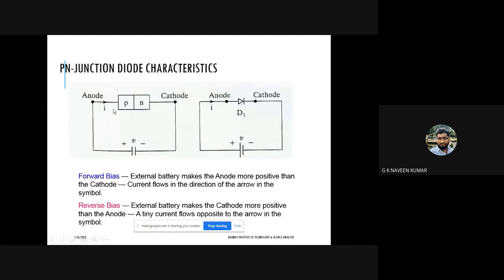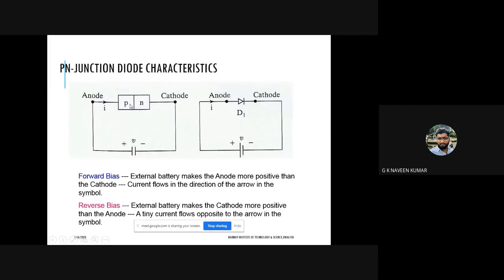Then the current flows in the direction of the arrow. If you can see, this is the flow direction of the current. A PN junction diode always carries current from anode to cathode, not from cathode to anode. So in order to flow the current from anode to cathode, this should be made more positive.